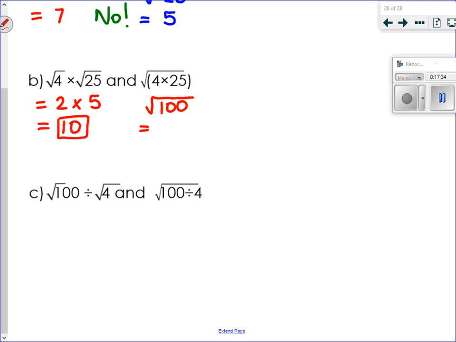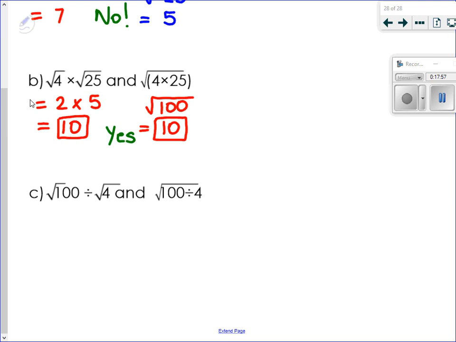What times what? 10 times 10 is 100, right? So the square root of 100 is 10. Interesting. In that case, my two answers were the same.